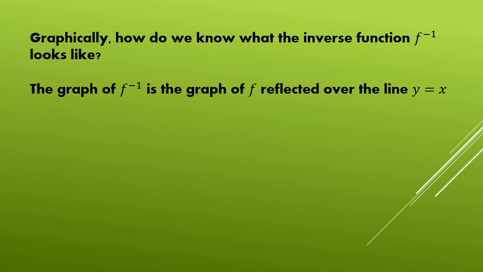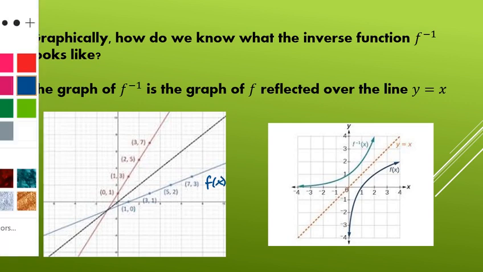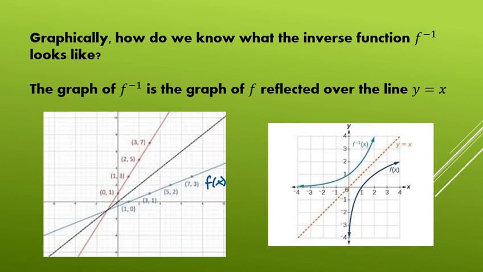And here I have a couple examples to show you how this works. Here, if we call our blue function f of x, that black line there is the line y equals x.